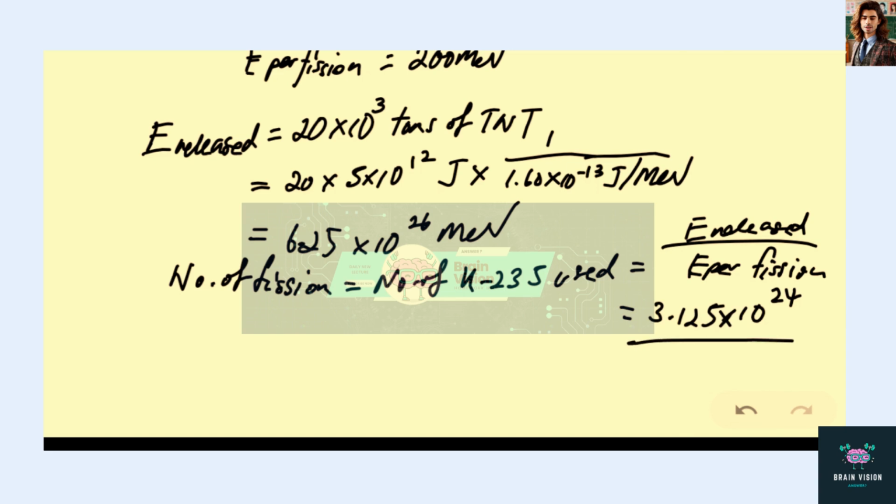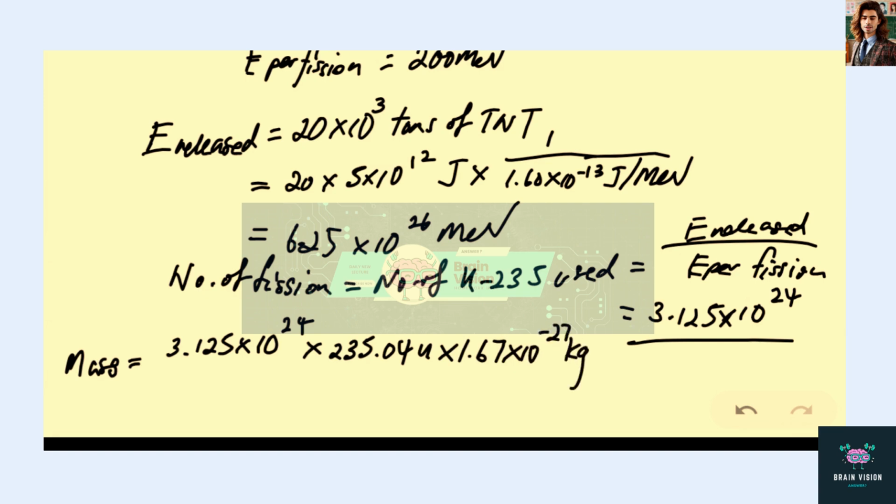To find the mass, we take the number of uranium nuclides multiplied by the mass of each individual nuclide. So that is around 235.04, but this is in terms of atomic mass units, so we're going to convert that into kg.